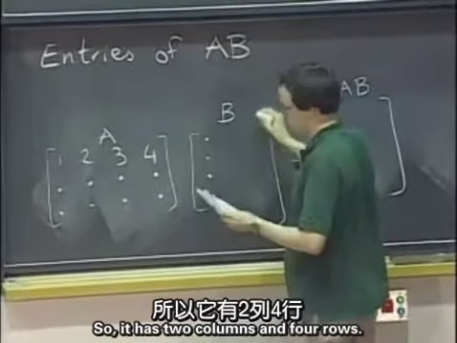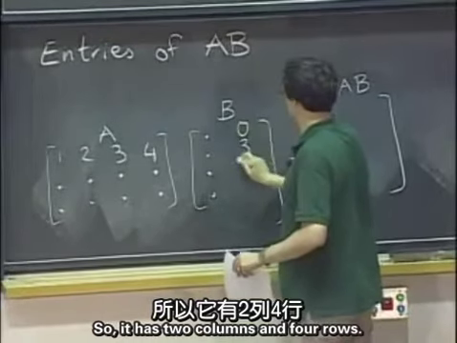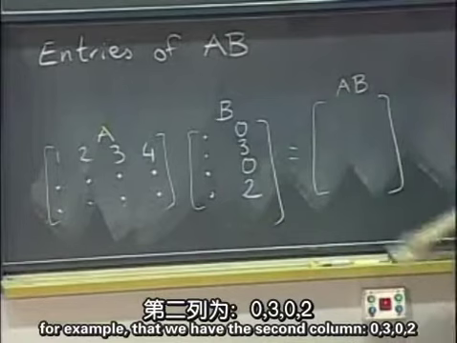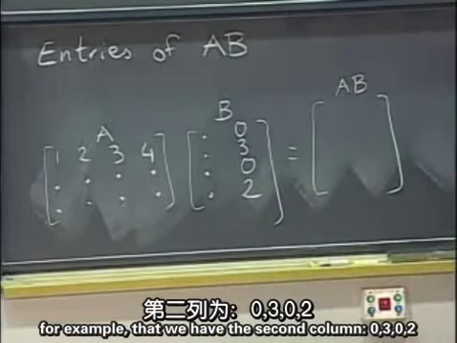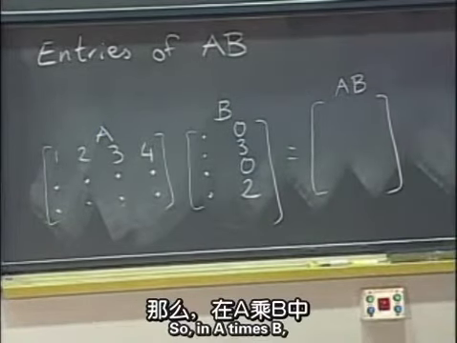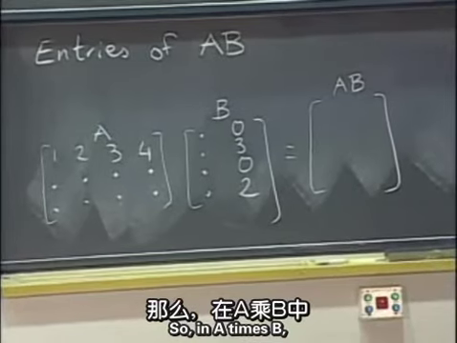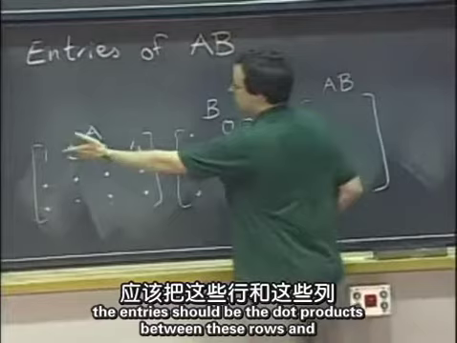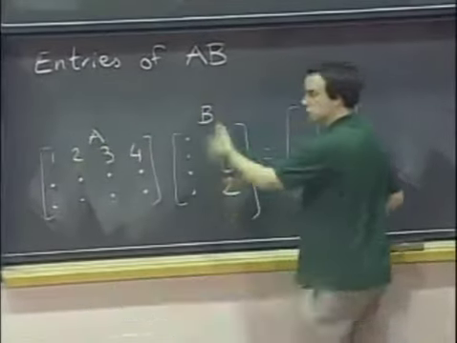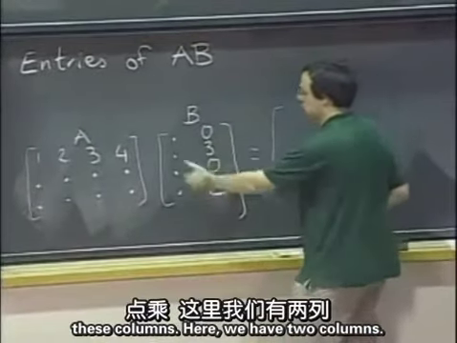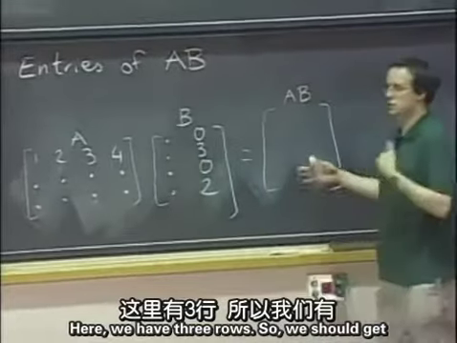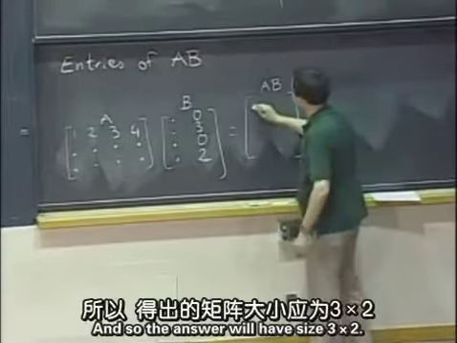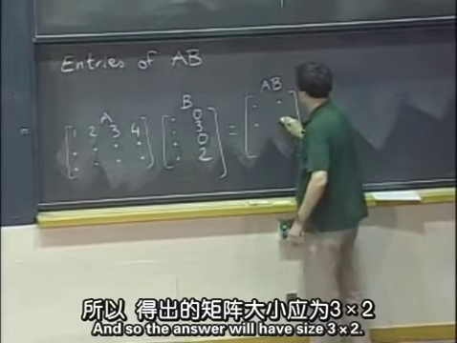So it has 2 columns and 4 rows, and let's say the second column is 0, 3, 0, 2. So A times B, I claim, will have entries that are the dot product between these rows and these columns. Here we have 2 columns, here we have 3 rows, so we should get 3 times 2 different possibilities. And so the answer will have size 3 by 2.